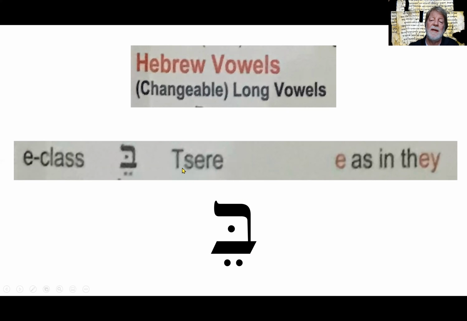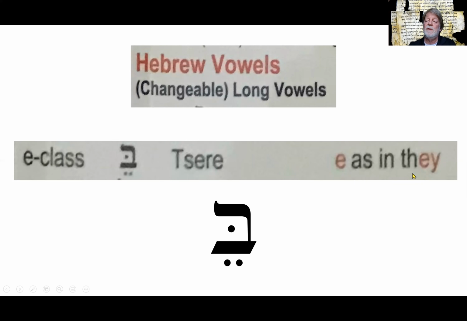It's called the tsere. Actually, I'm pronouncing it with too much of an AY sound. So it should be tsere. And it's pronounced as an E. This is an E-class vowel, E as in the word they.